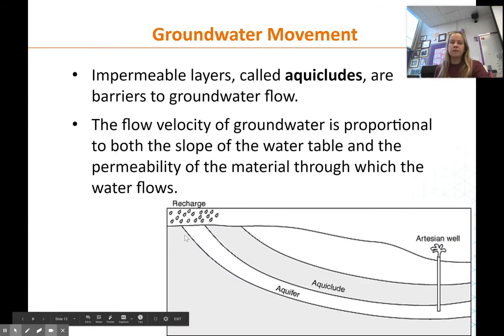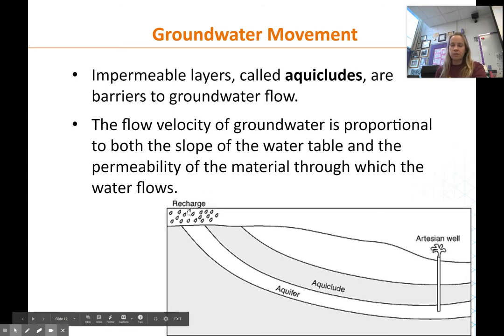So here's what happens. The recharge is how it fills back up. So we take water out, maybe through this artesian well, and then the water filtrates through this aquifer and is recharged up in the mountains. It's not recharged anywhere along here, and that's because this is an impermeable layer, so the water can't move through it.